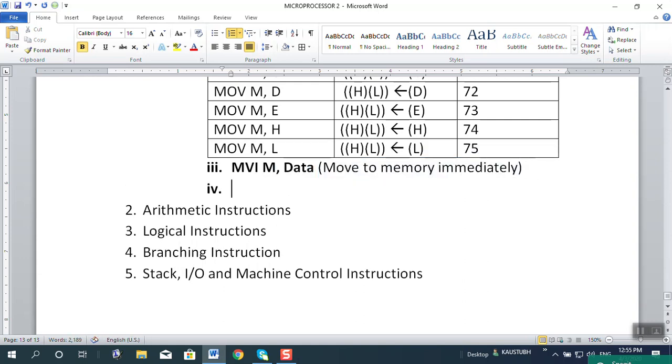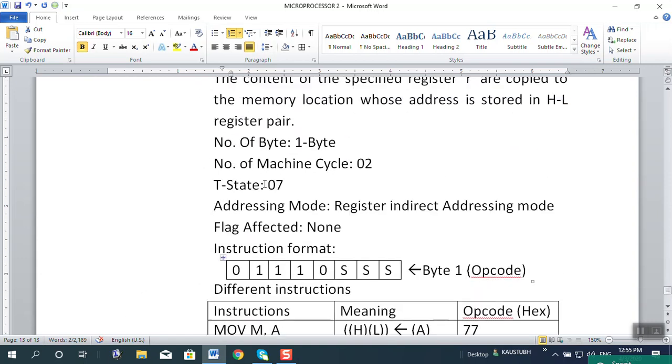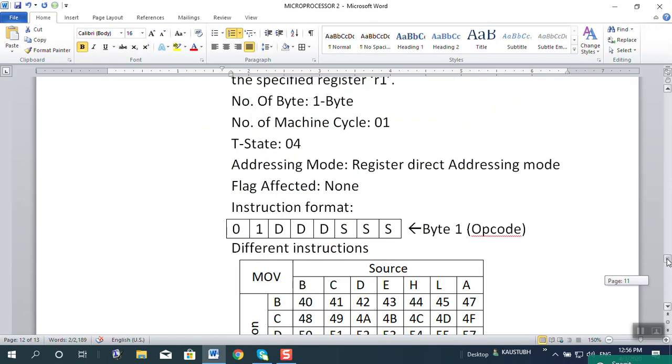Okay. Now this is a special kind of instruction where because of this M, the addressing mode is register indirect, as well as since it is immediate, it is also immediate addressing mode. So it follows two addressing modes, register indirect as well as immediate.